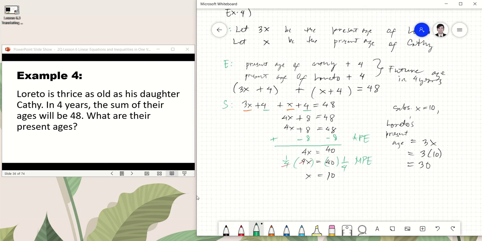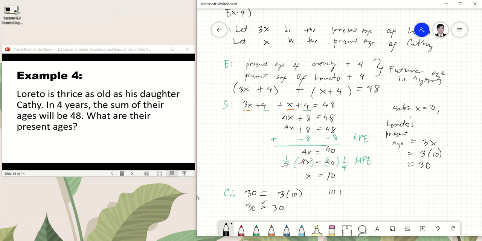So don't forget, double check your work if it really fits to the sentences provided to you. So going back, Loreto is thrice as old as his daughter Cathy. So 3 times 10, which is true. Next, 4 years from now, okay, their sum must be 48. So ano yung age ni Cathy 4 years from now?